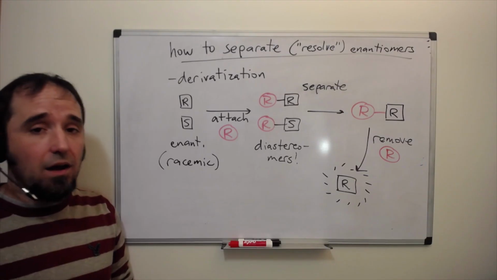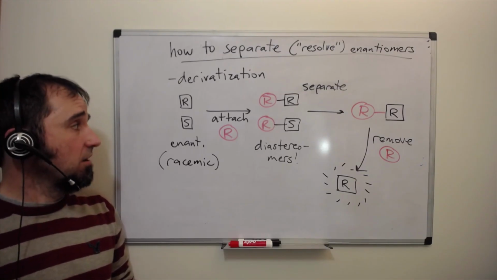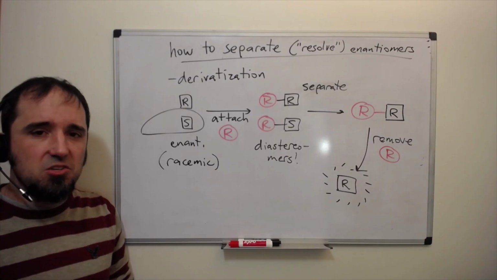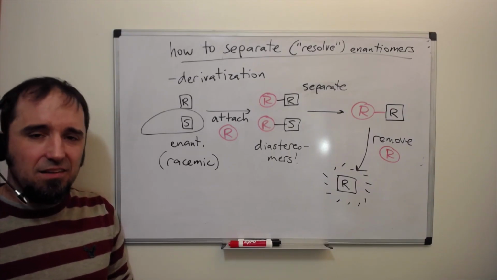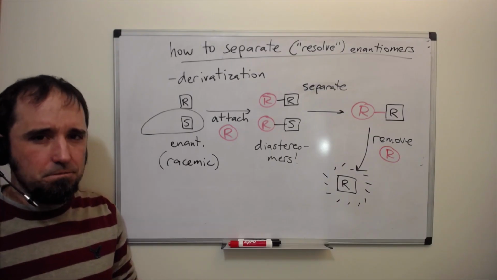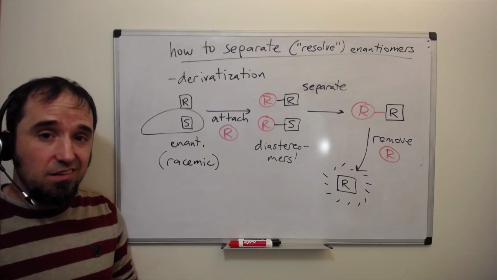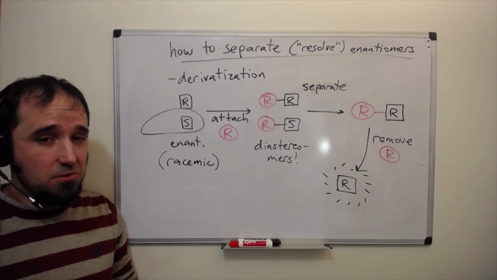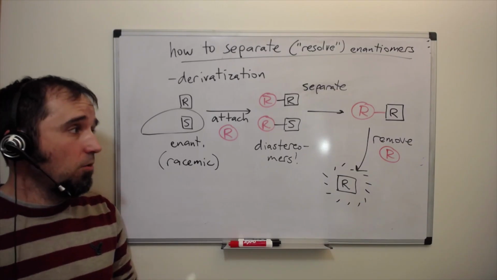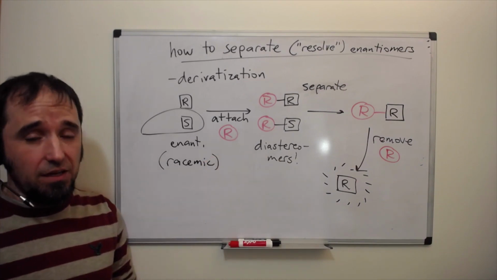Right? So right off the bat, I am losing all of this S stuff. Just in terms of being environmentally conscious, this is wasting a whole lot of material. The other problem is that I don't like to do lab chemistry if I can help it, because lots of times my yield for chemical reactions is not perfect. Right?